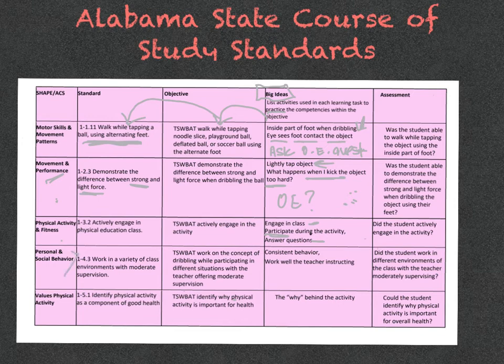The big idea for personal and social behavior, we're worried about them being in situations where the teacher's not on top of them. Do we have consistent behavior? Do we work well while the teacher's instructing? You might even add working in a group without the teacher's direct supervision, with moderate supervision.